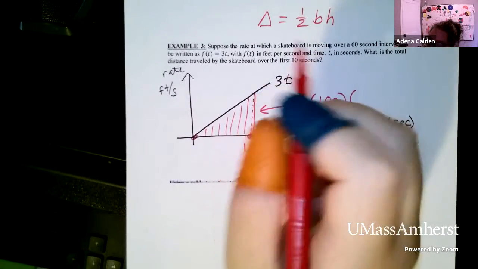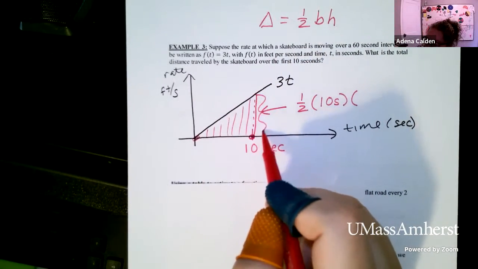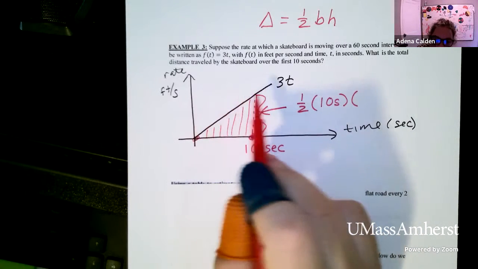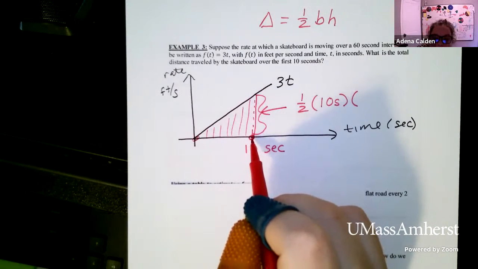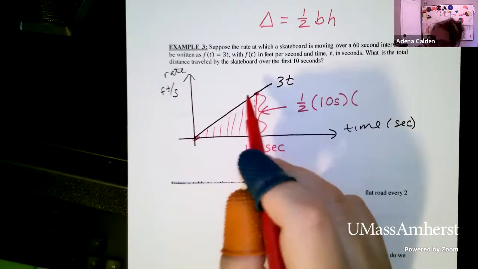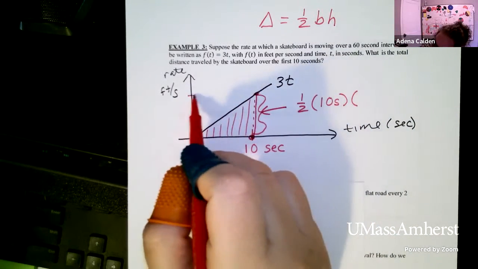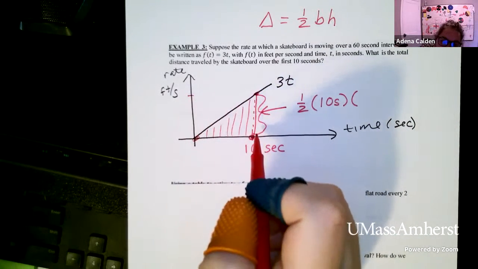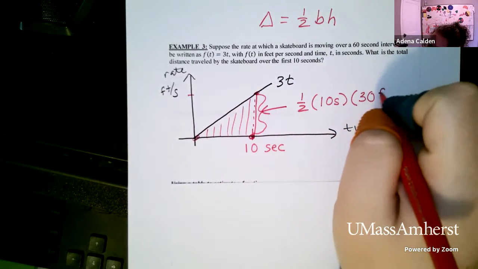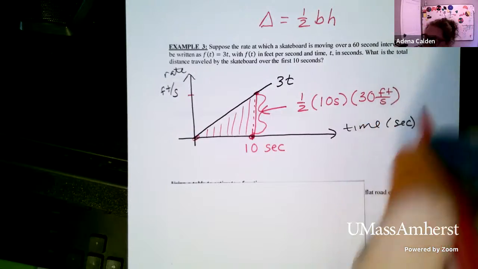Our height is the corresponding y value, or dependent value, when time equals 10. So if you were to plug a 10 into this function, that would give you the corresponding rate, which is also the height at that time. So here, if we plug in the 10, we get 30 feet per second.